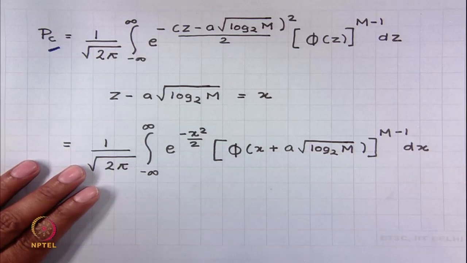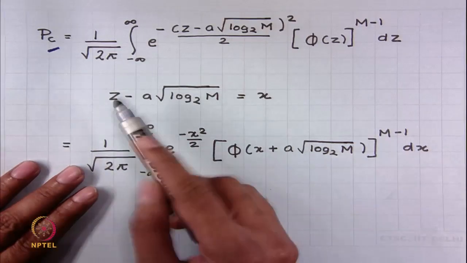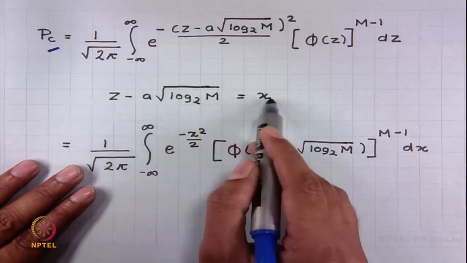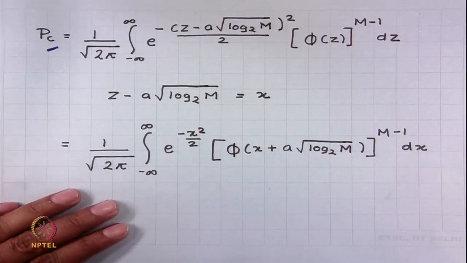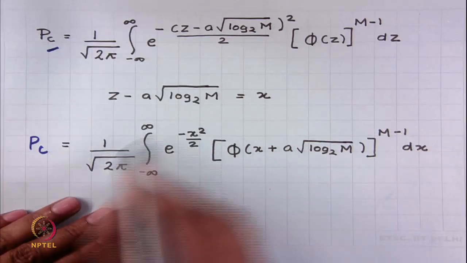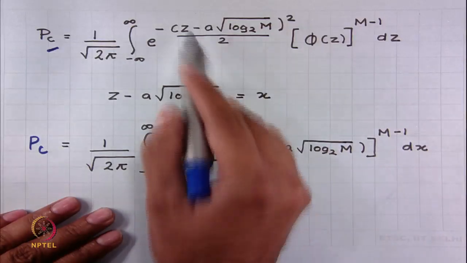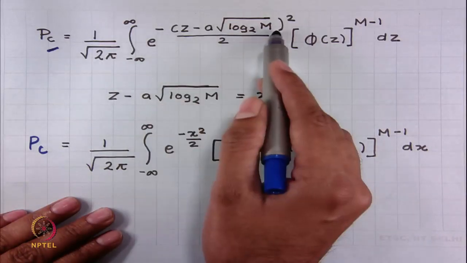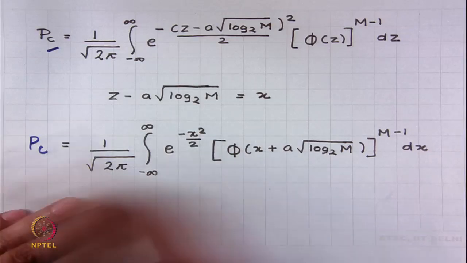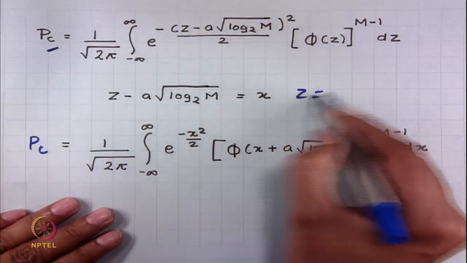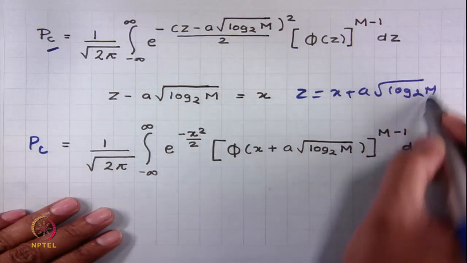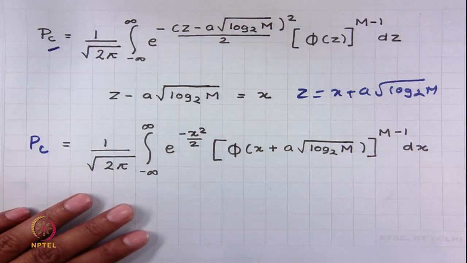Now, we make another change in variable. We say that z minus a under root of log 2 m is x. So, the probability of being correct is simply this thing. We are replacing this giant expression simply by x square by 2, and this z thus becomes x plus a root of log 2 m, times m minus 1 dx.